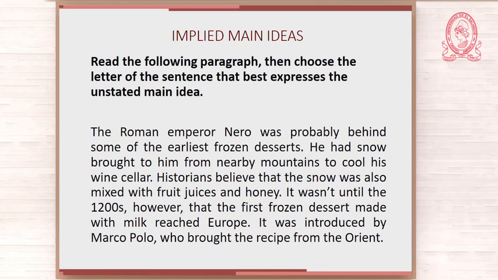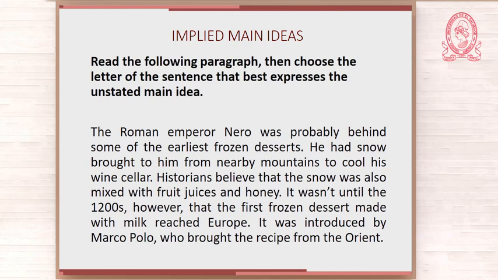Now it's your turn. Read the following paragraph that Langan suggests and then choose the letter of the sentence that best expresses the unstated main idea. Let's read. The Roman Emperor Nero was probably behind some of the earliest frozen desserts.